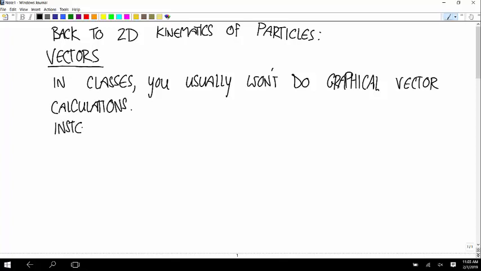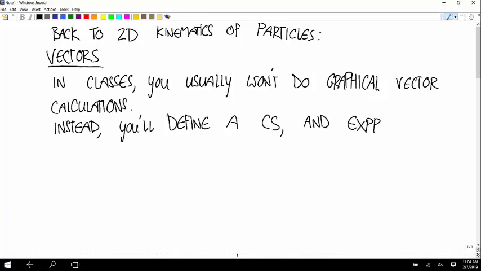Instead, you'll define a coordinate system, CS, coordinate system, and express vectors as components.